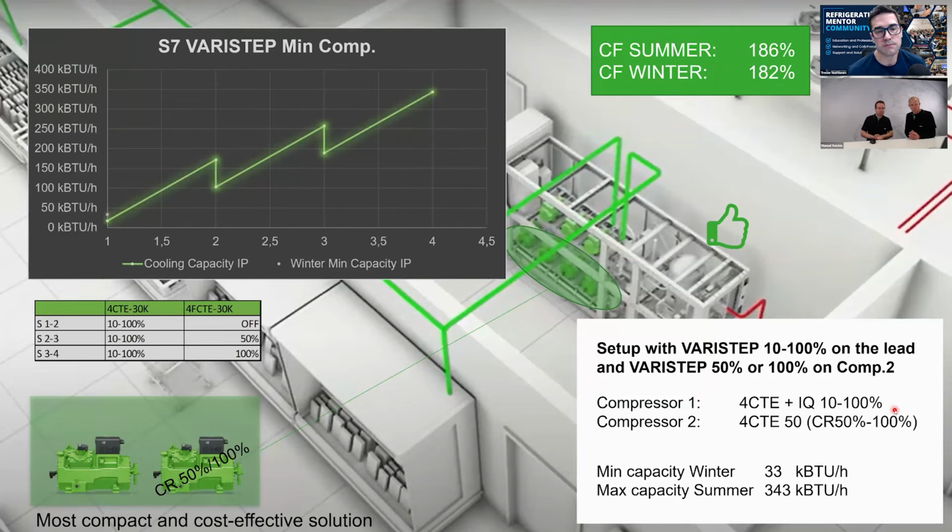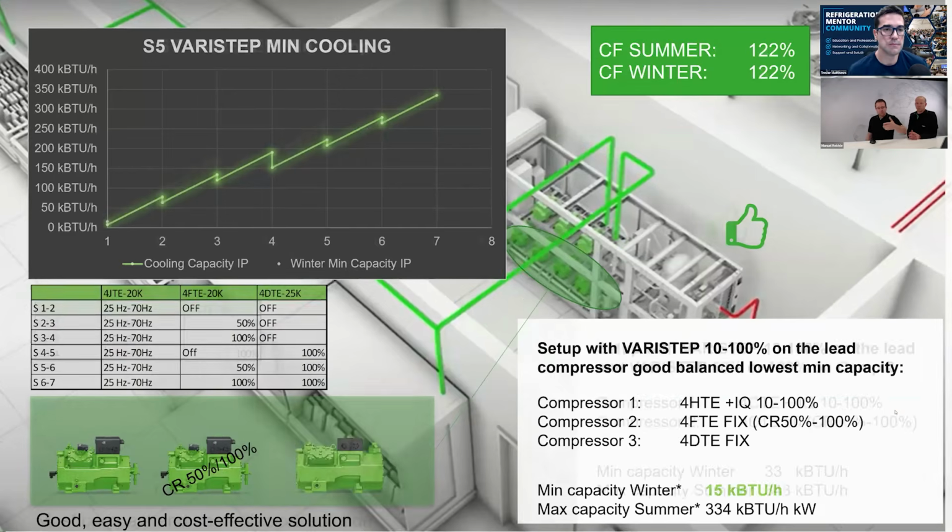With 2 compressors, one 10 to 100%, the other one with a 50 to 100% equal displacements installed. In this case, you can go down from 33 to 334 kBTU with only 2 compressors versus in the other case the 8.